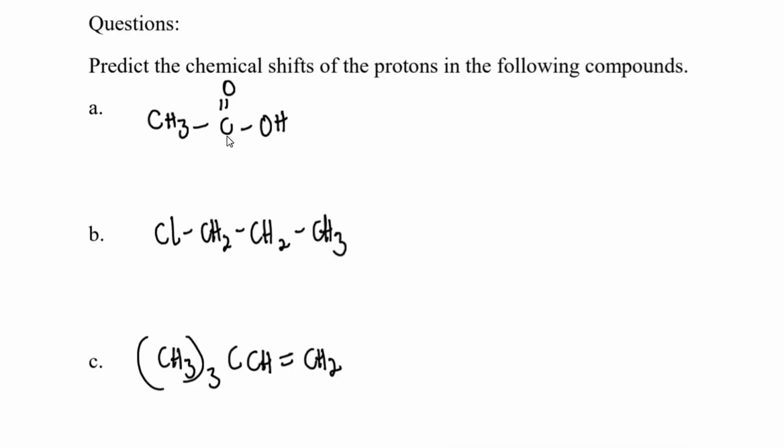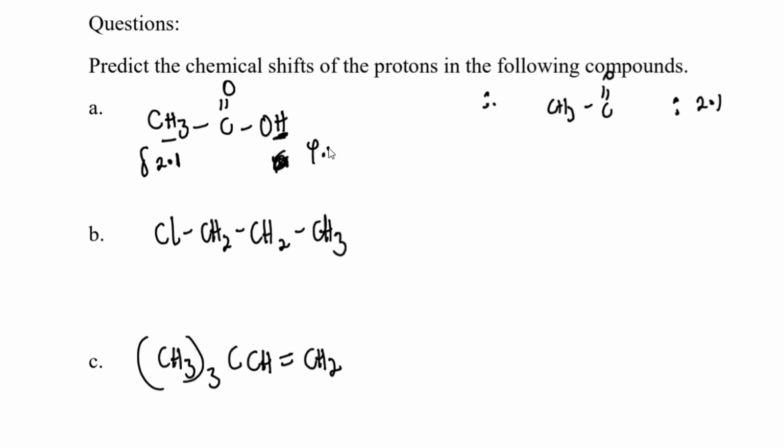So now we are to predict the chemical shift of the protons in the following compound. So recall that we said this CH3, the protons in this has a value of 2.1 ppm, right? So here we have 2 magnetic environments or 2 proton types. So this is going to be 2.1, and this is definitely going to be an exchangeable proton, right? So that's going to be between 4 to 5, and we're going to give it a value.